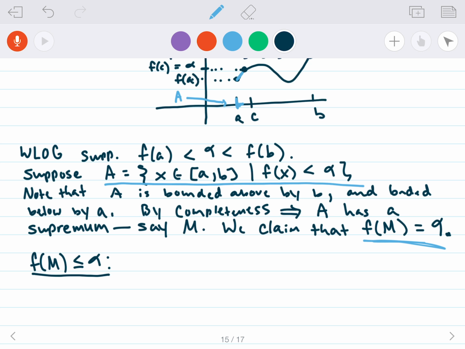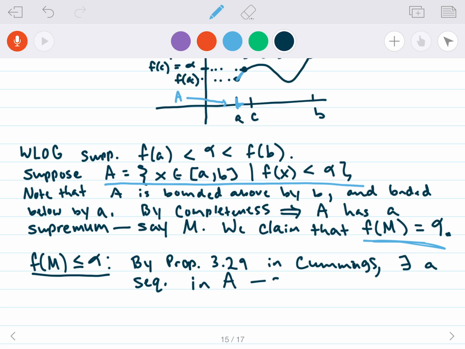So by proposition 3.29 in Cummings, there exists a sequence in A, say a(n), so that it converges to the supremum.